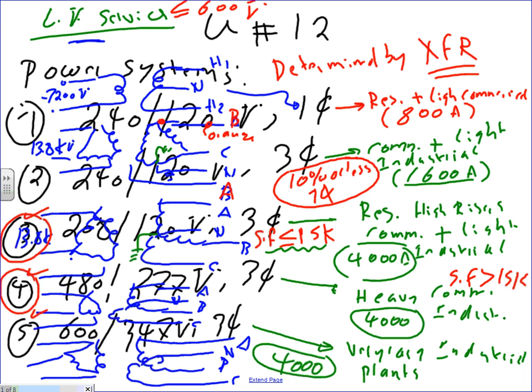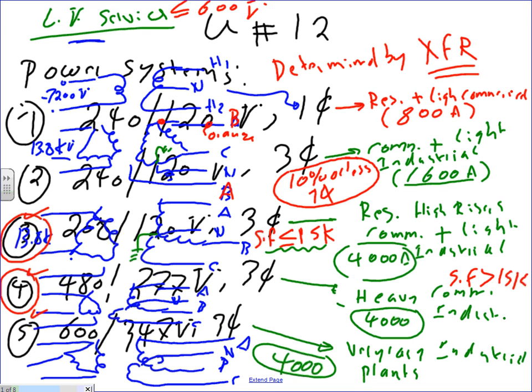So the third system is very common, guys. Again, residential for high-rises, commercial and light industrial up to 4,000 amps. Does that make sense? How we're going from a smaller system up to a higher system? System number 4, my friend, is the same as system number 3, except you start with 480/277, the same thing, 3-phase, heavy commercial and industrial.